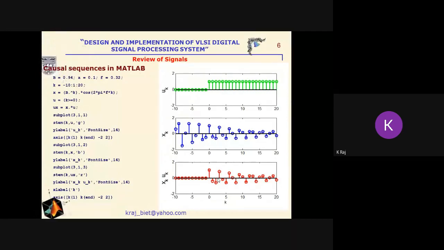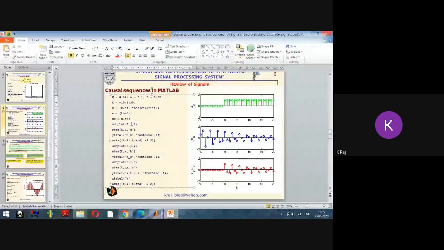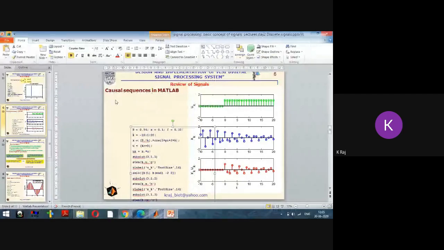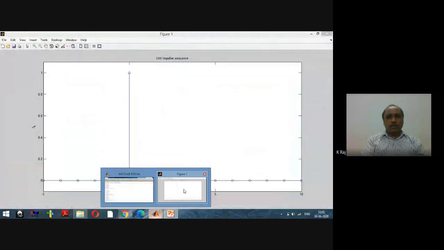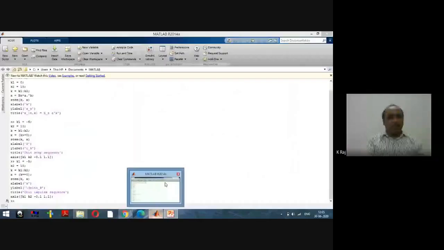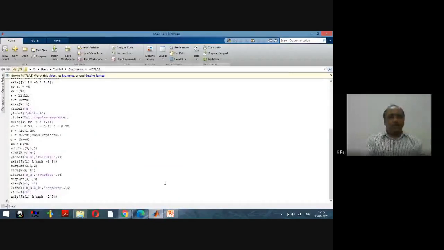Now again we can check these codes, as we have described in the previous cases. These codes can be checked for the purpose of testing whether the same sequence will be generated or not. So we will select the code for the sequences, and we will write these codes in the command window. This figure has been removed, and we are coming to the command window, and we will write the codes, and we will get the sequences.